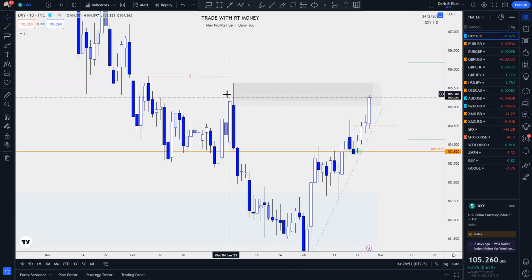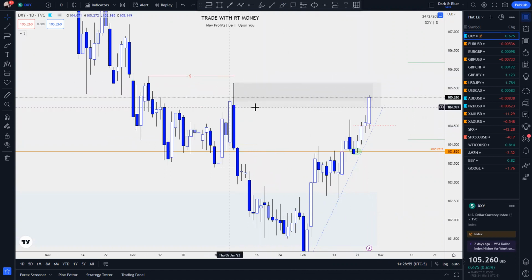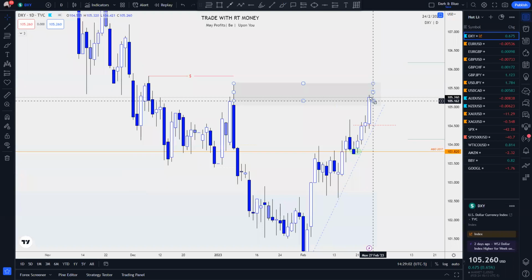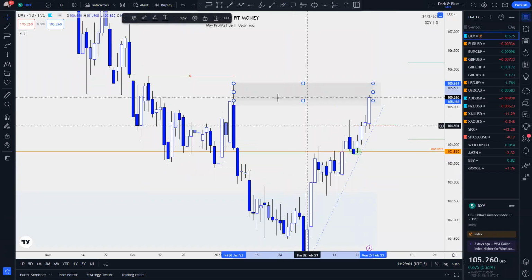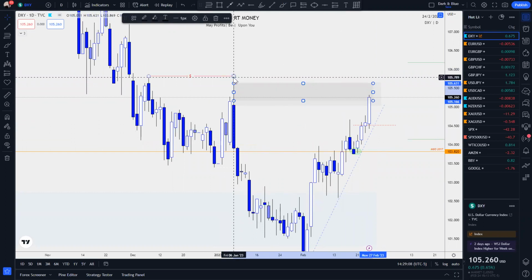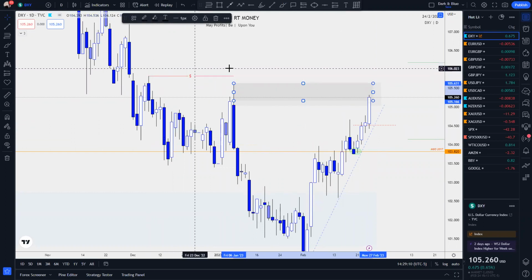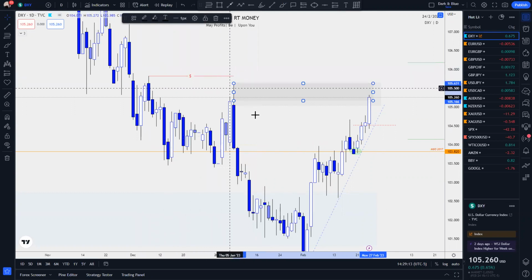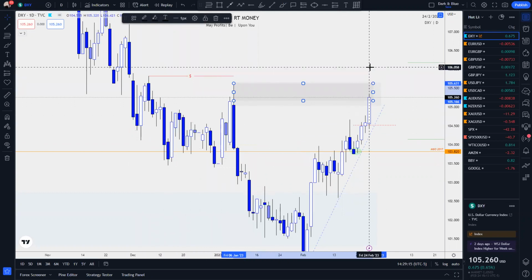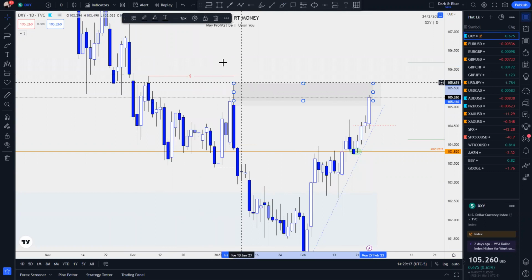Now, where are we at now? We're testing the extreme of this supply. This is actually a 4-hour supply zone within a daily supply zone, and there are relative equal highs up here. This is a liquidity zone for market makers to come back and target, so it's going to draw price to it.